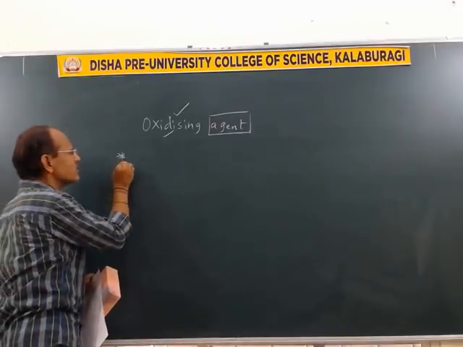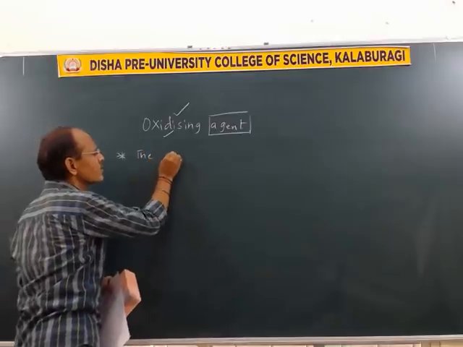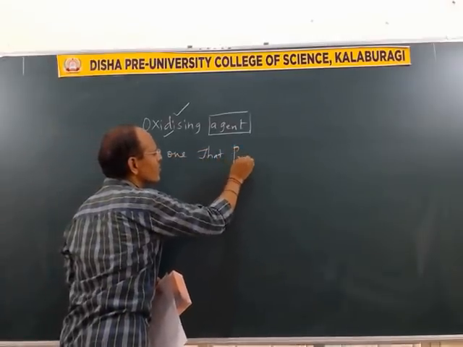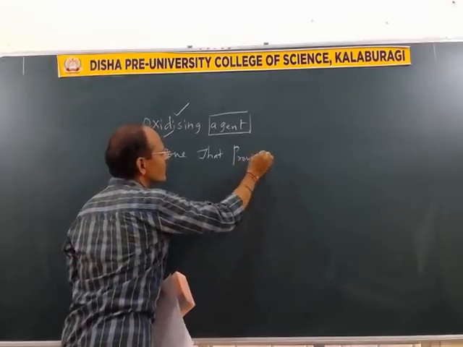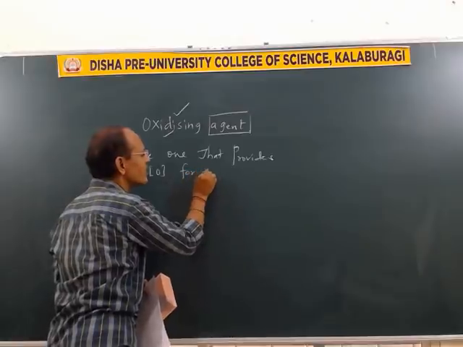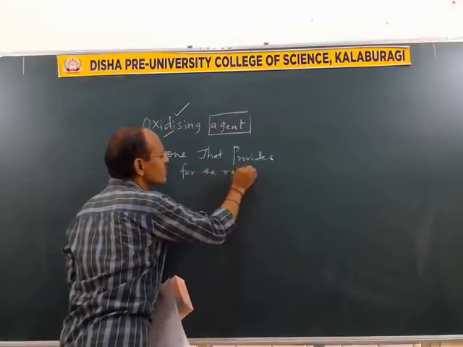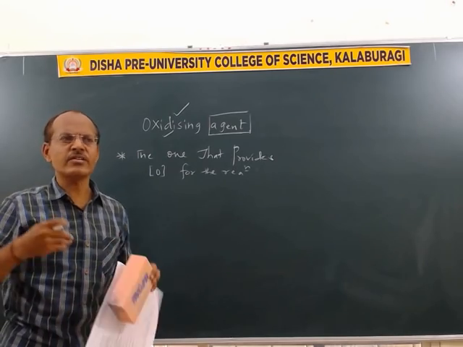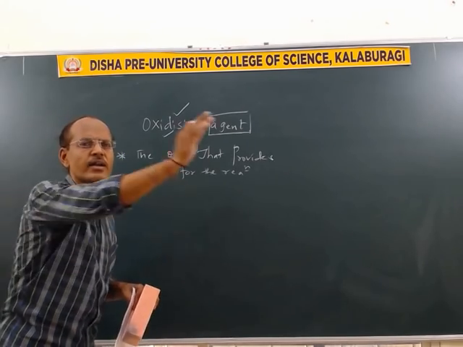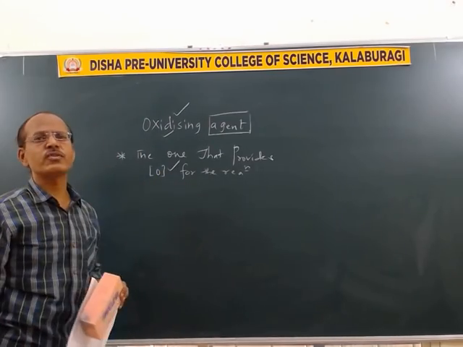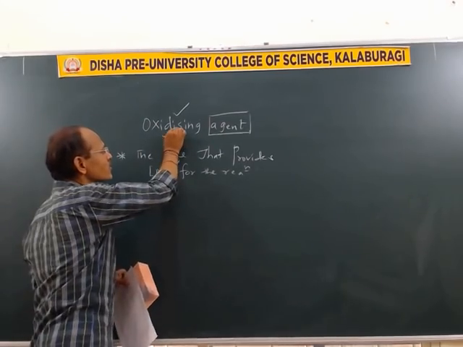Number 1, the one that provides nascent oxygen for the reaction. The agent that supplies, that provides, that gives oxygen for the reaction is an oxidizing agent.